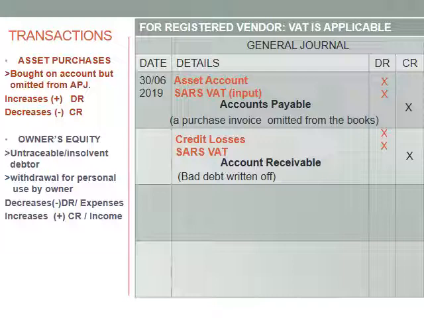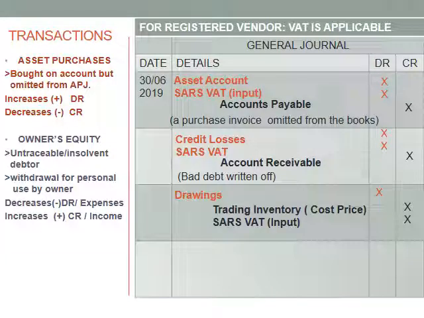The next transaction is where the owner withdraws goods for personal use. The drawings account will be debited. The trading inventory will be credited with the cost price. If the selling price is given, we will have to use the perpetual inventory system method to arrive at the cost price.